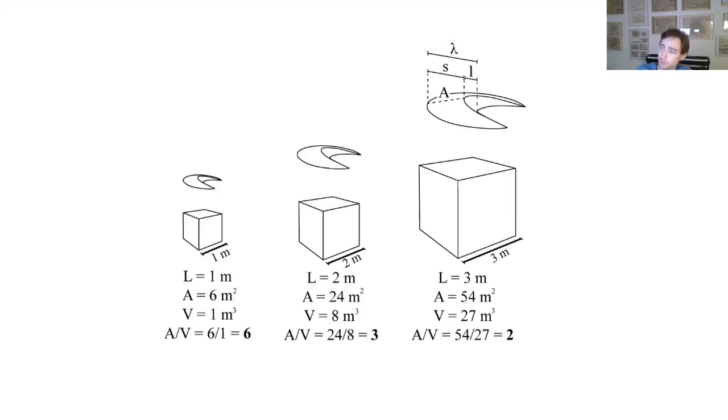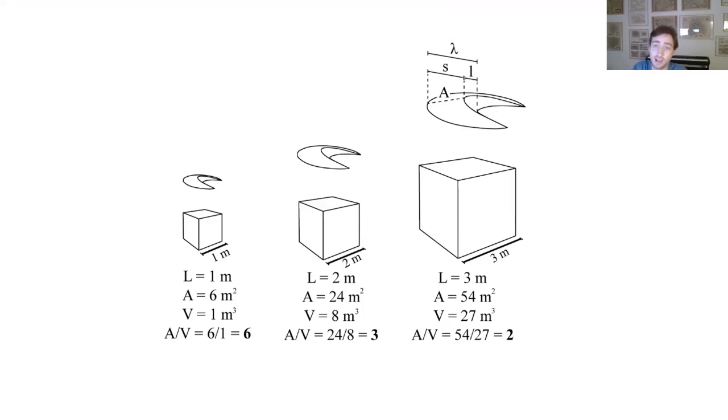A surface to volume ratio is kind of a quirky property. It depends on two separate things: the size of an object as well as the shape of an object. What you see here is a diagram that shows how surface to volume ratio depends on shape.